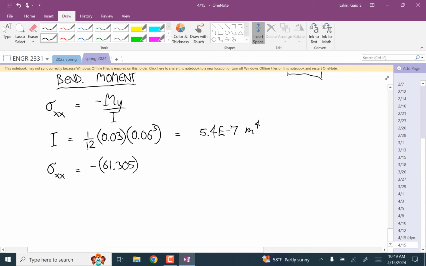The y value is from the neutral axis to the point you're interested in. The height of the whole thing is 6 centimeters, so from the neutral axis to the top is 3 centimeters. And remember, this is signed. If we were going below, we'd have a negative value, but here we're going up. So we have a positive 0.03 divided by 5.4 times 10 to the minus 7.